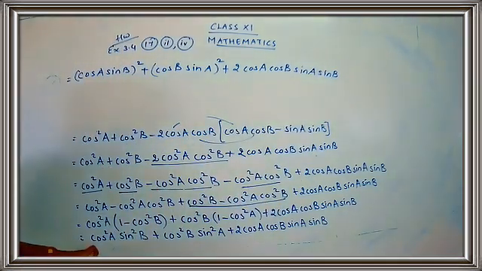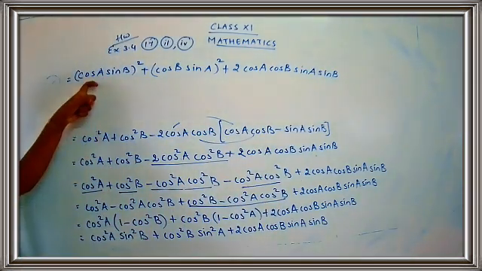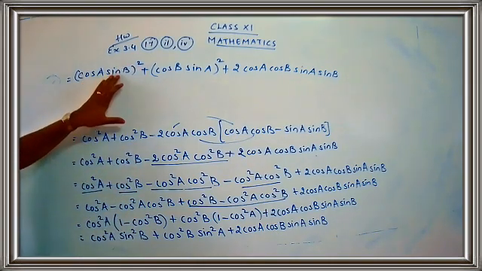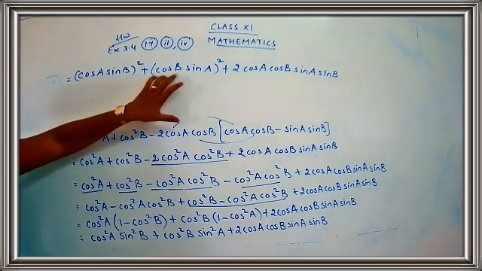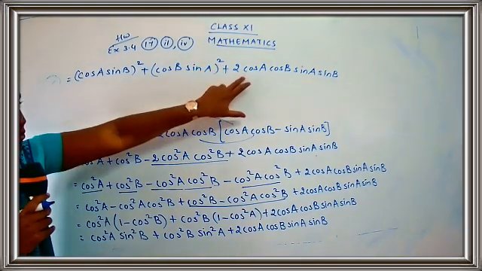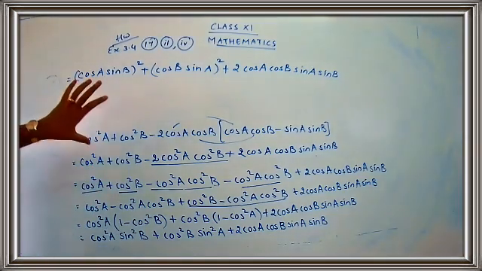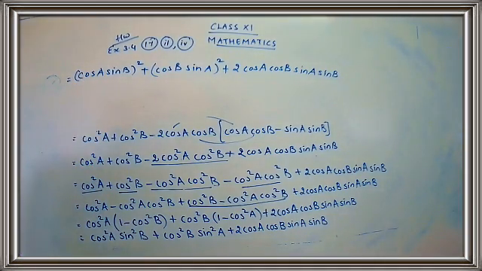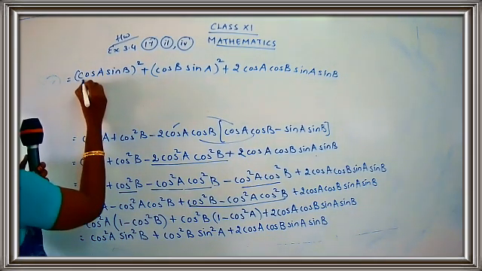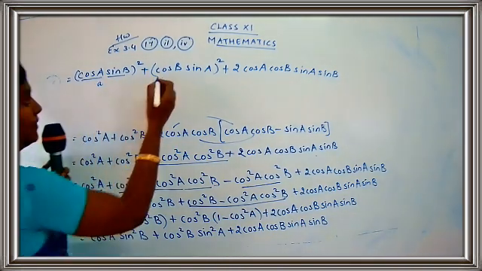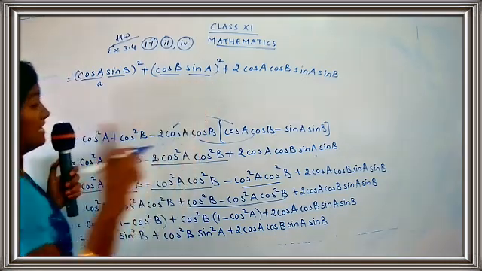See, cos square A sin square B is written as cos A sin B, whole square. I'm just taking the power together. Now just focus on this expansion and find out the identity. Can you find the identity? Just see, cos A sin B is a, and cos B sin A is b.